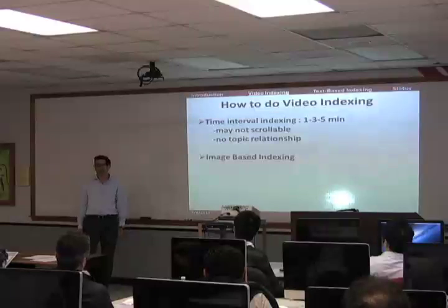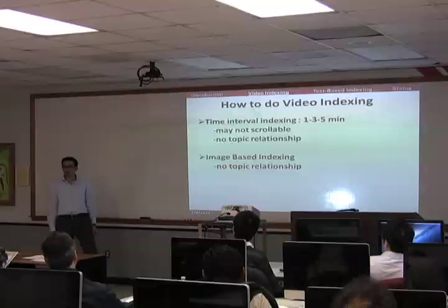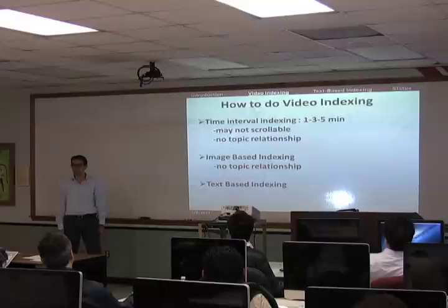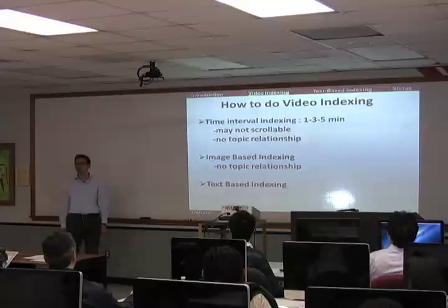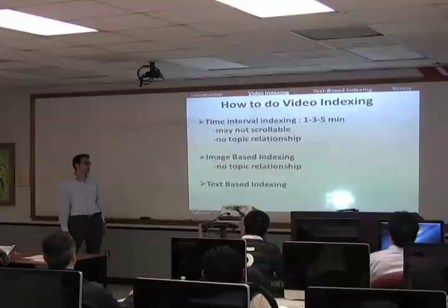We can use image-based indexing, which means we compare the images. I will talk in more detail, but there is also no topic relationship. The other concept is comparing text, because we know that topics are defined by the context and text in the video.